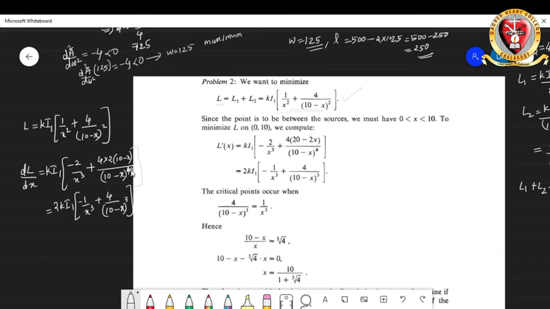Here you have 4, right? So when you solve for that, you get this.